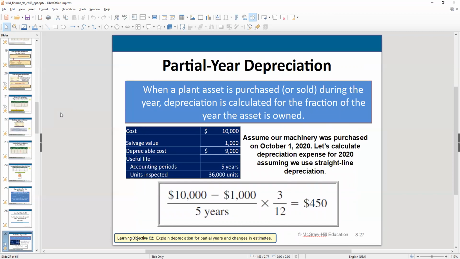Now, one of the things we're going to be doing is actually calculating what do you do in a partial year, okay? So in a partial year, you have to essentially just depreciate an item for the months that you've had it. So in year one, you bought a piece of equipment on October 1st. You're only going to capture 3 months of depreciation. So the formula is very easy. $10,000 minus 1,000 divided by 5 times 3 over 12, which is a quarter.